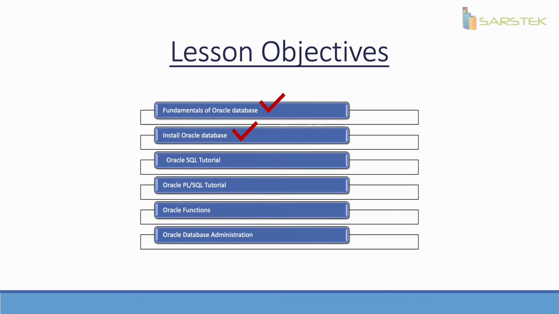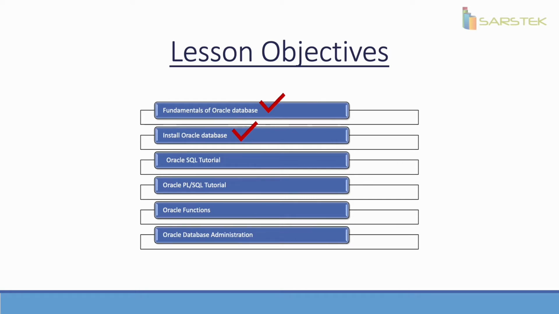First of all, we should understand that Oracle database can only be installed either on Windows or a Linux or Unix machine. It cannot be installed on a Mac machine. And this is the Oracle database server.